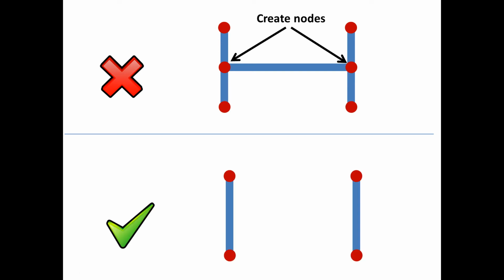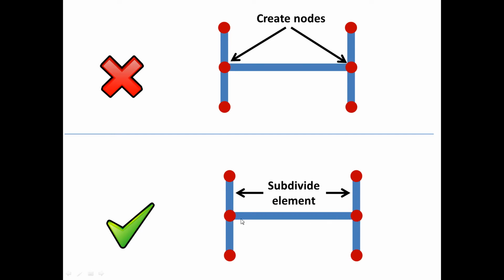What should have been done was, instead of creating a new node, these two elements should have been divided to create a new node and then connect the two nodes by an element or a beam.